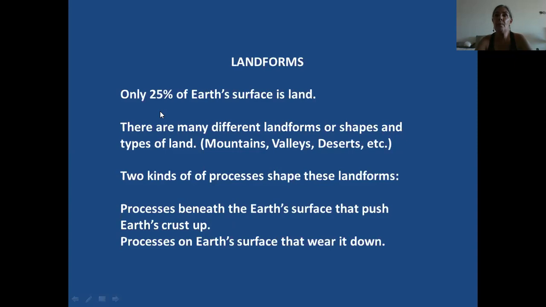We have, for example, mountains, valleys, deserts, volcanoes, lakes, rivers, etc. There are two kinds of processes that shape these landforms: the processes beneath the Earth's surface that push the Earth's crust up, and the processes on the Earth's surface that wear it down. The most important thing to remember here is that 25% of Earth's surface is land, and it's where we live.